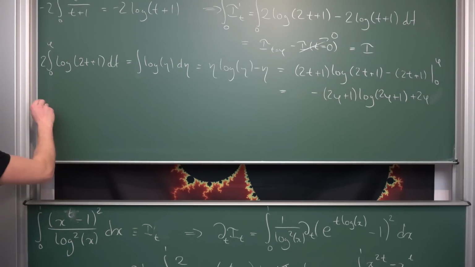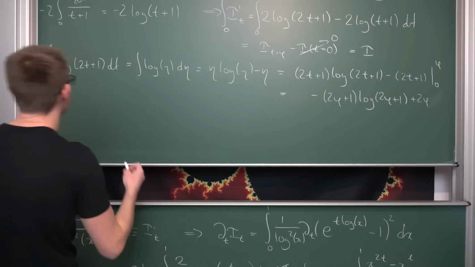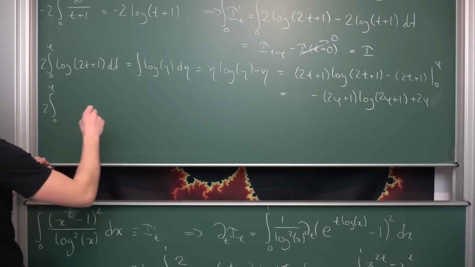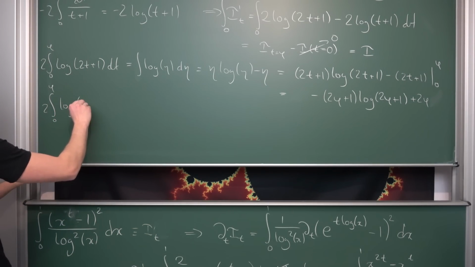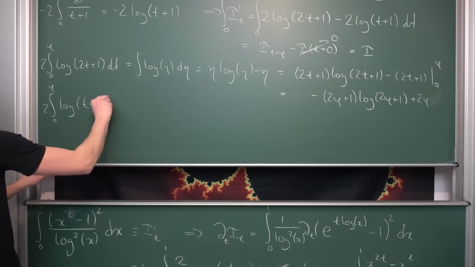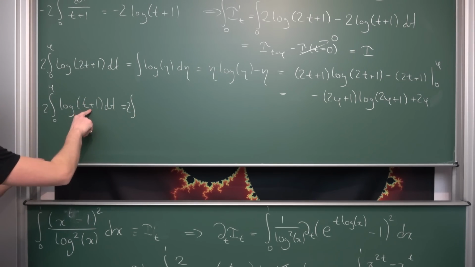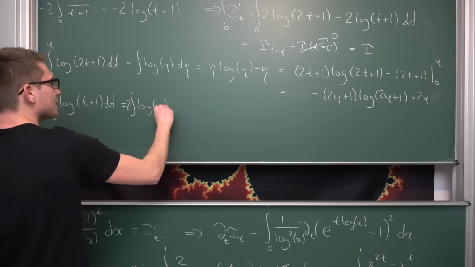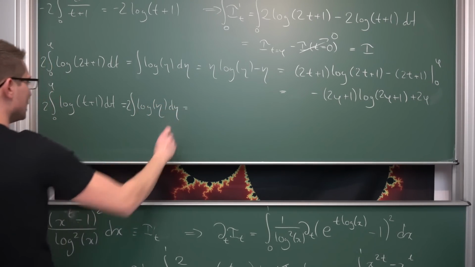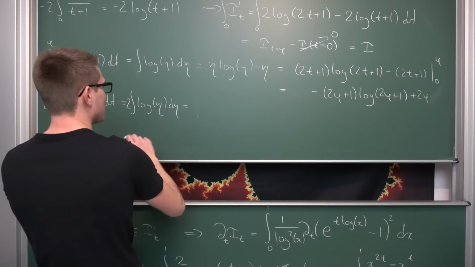Okay, let's continue with the next one. 2 times the integral from 0 to phi. I need to erase something such that I can fit everything on the next blackboard. Okay, this is going to be the log of, this was just t plus 1, right? dt. After doing a substitution, this is 2 times, not a factor of 2 is going to cancel out, log of eta d eta, leaving us with, now we have a factor of 2 this time.